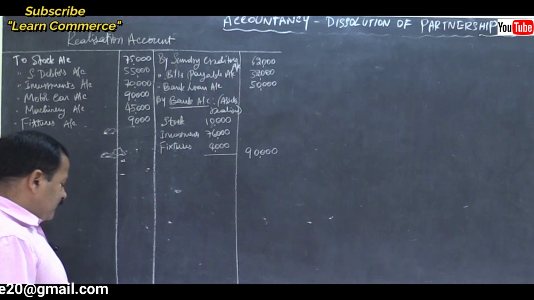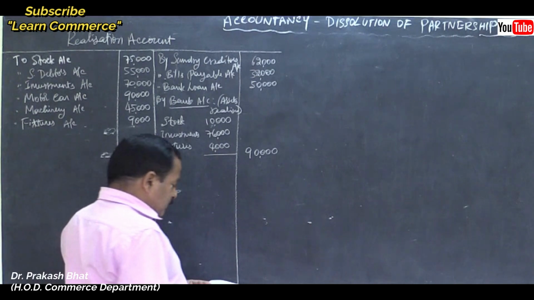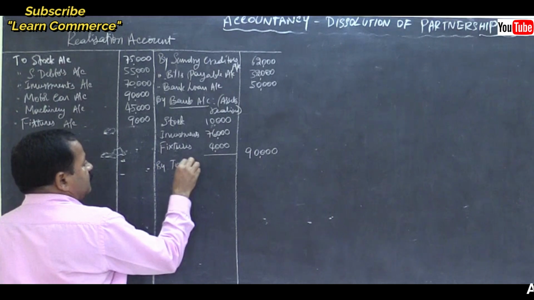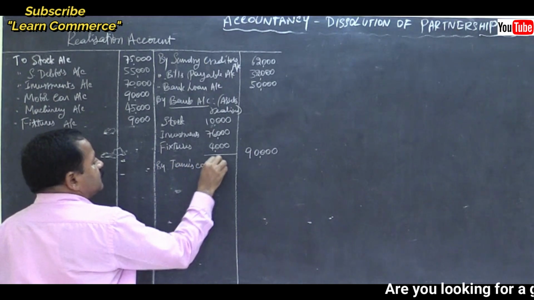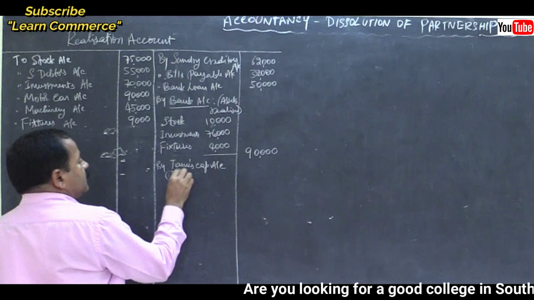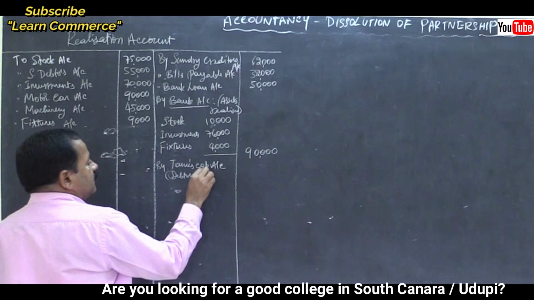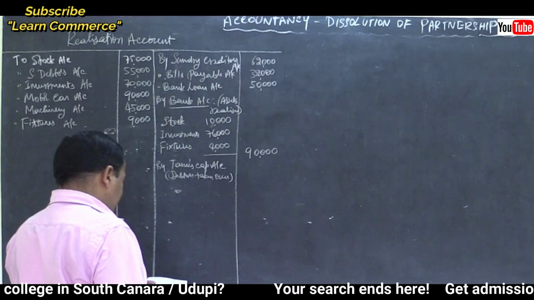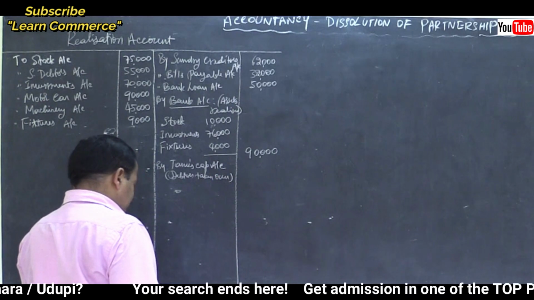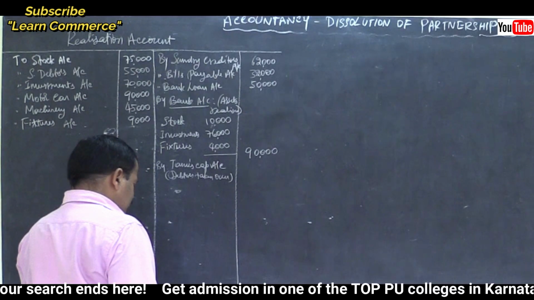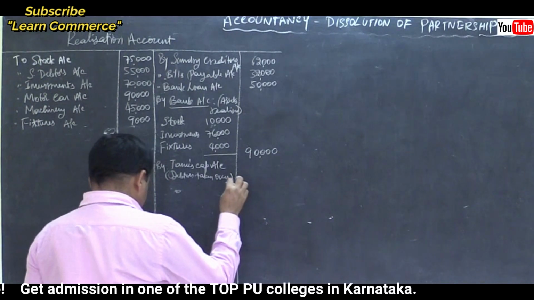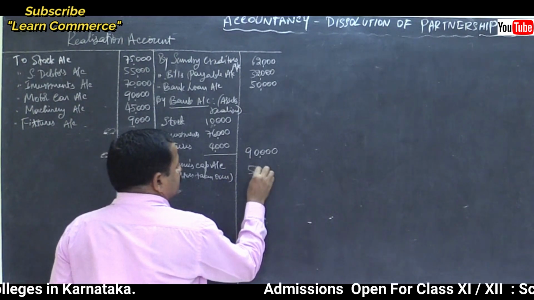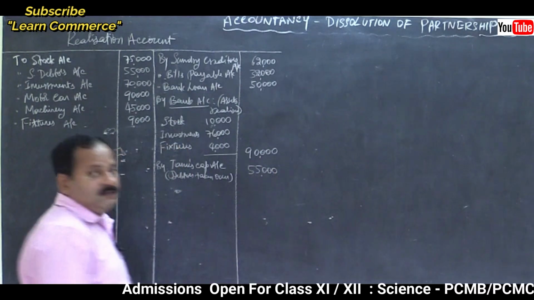Then assets taken over, debtors taken over by Tanu, right? So by Tanu's capital account, debtors taken over. How much? 55,000. Write the amount.